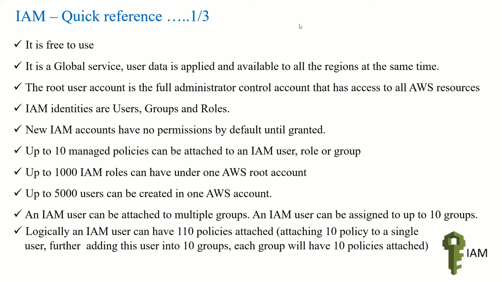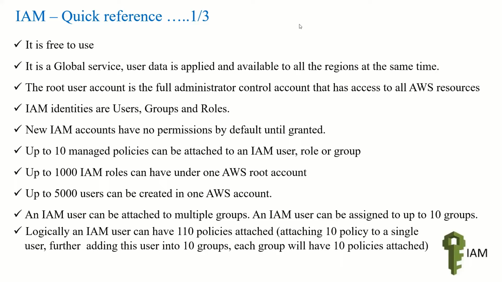The root user account is the full administrator control account that has access to all AWS resources. IAM identities are users, groups, and roles. New IAM accounts have no permissions by default until granted.